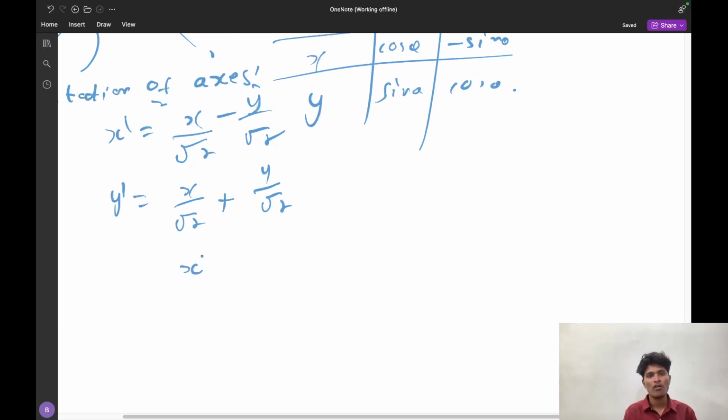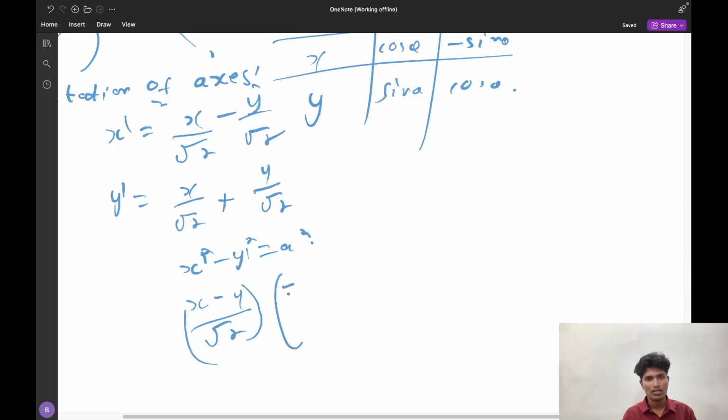And we know x square minus y square is equal to a square. By substituting these values, that is x minus y by root 2, because this is x dash, the new axis, times x plus y by root 2, that is equal to a square by 2.